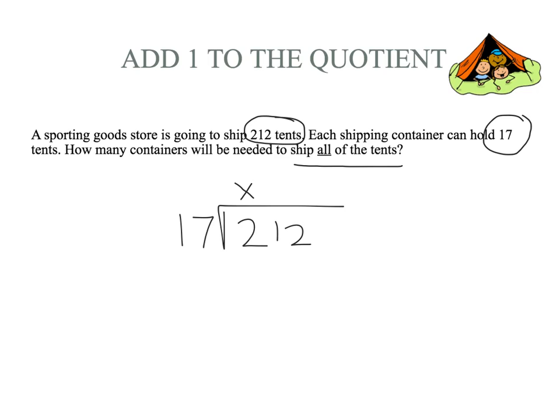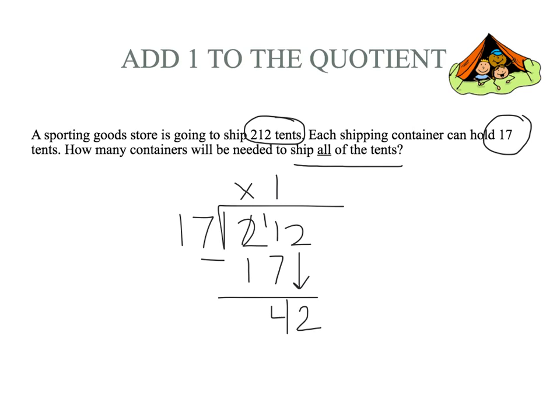I know that 17 can go into 21 one time. 17 times 1. Lining it up, divide, multiply. Now I'm subtracting. I bring down.